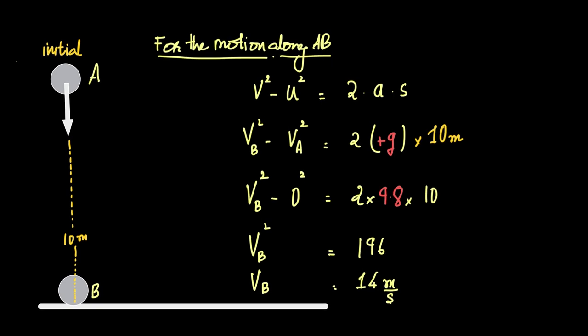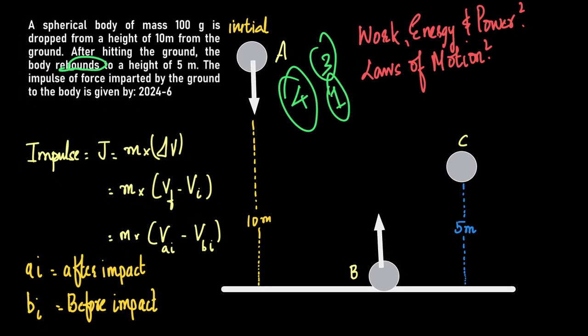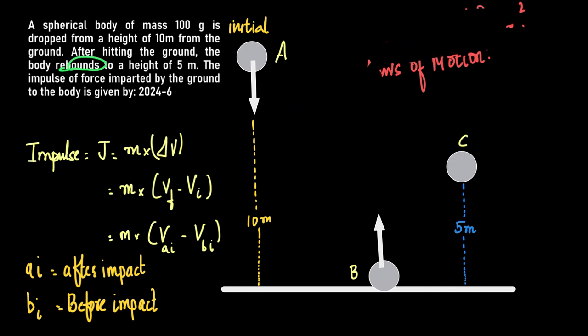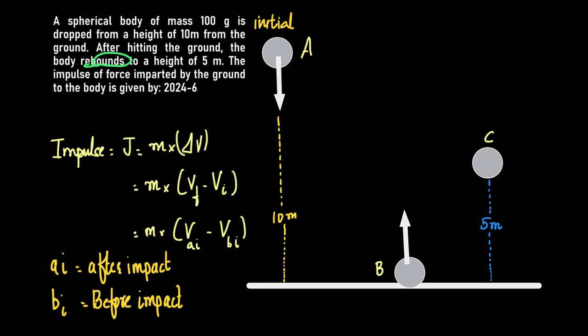Okay, let us also visualize what happens here one more time, just to make sure that we understand things very clearly. So a spherical body of mass 100 gram is dropped from a height of 10 meters.